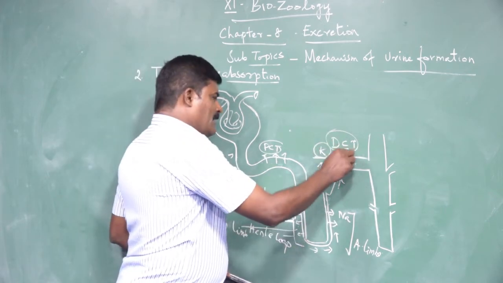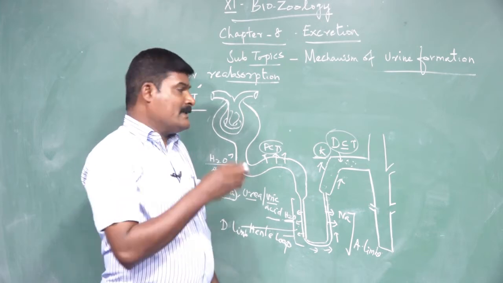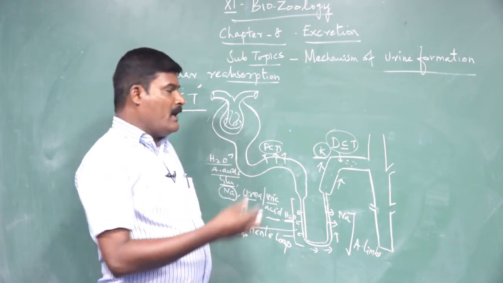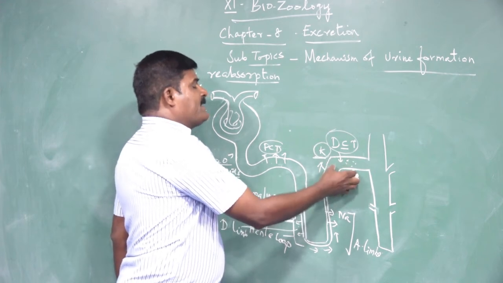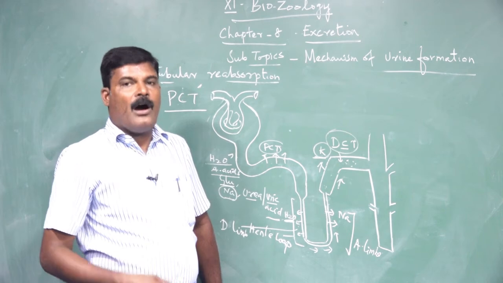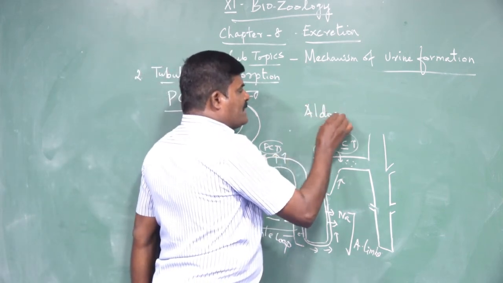Here, the absorption in the distal convoluted tubule is important because it depends upon the body's needs. The absorption of sodium and other substances in the distal convoluted tubule is regulated by hormones. What is the specific hormone? It is the aldosterone hormone.